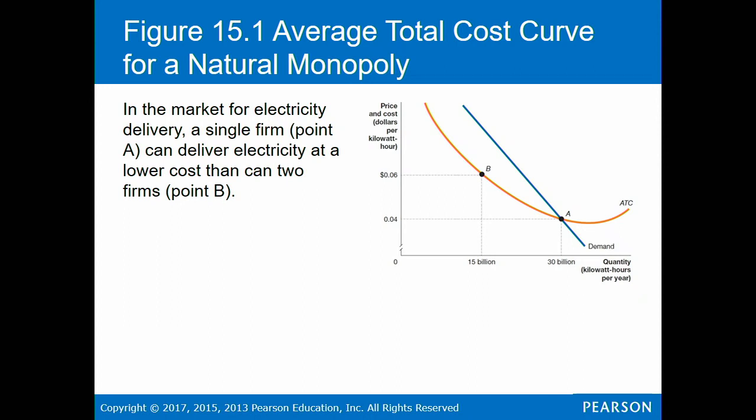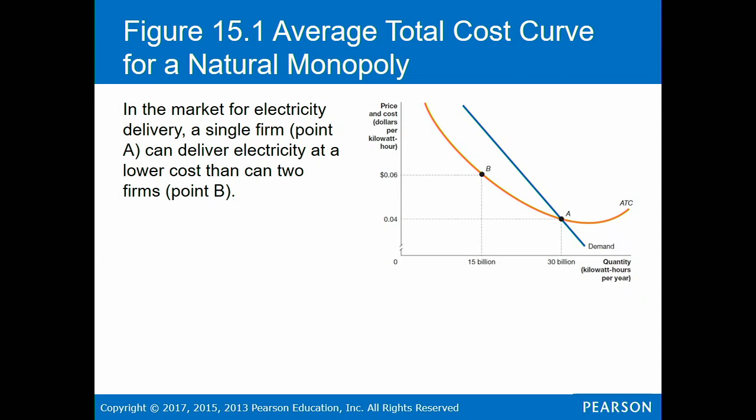So right here at 15 billion, based on the average total cost curve, that's 6 cents per kilowatt hour that they're both going to sell. Again, because they have these very high fixed costs. Fixed costs are a very large portion of the cost of producing electricity. The variable costs of hiring the labor and actually generating the electricity are very low comparatively.